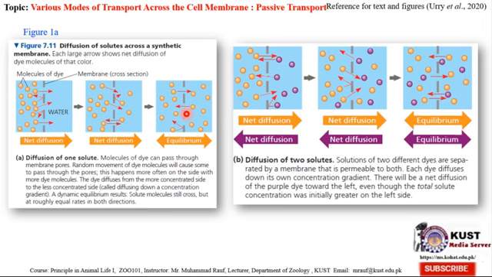Similar is the case with two dyes. If you take two dyes, then these molecules tend to move towards areas where their concentration is lower, and a time will reach when dynamic equilibrium will be established across both sides of the plasma membrane, and during this process the concentration of the molecules on both sides will be equal.